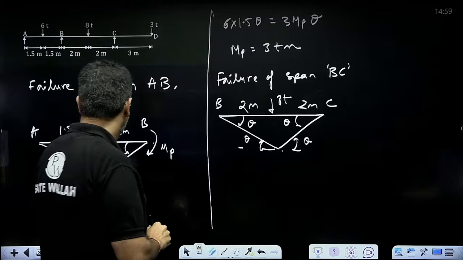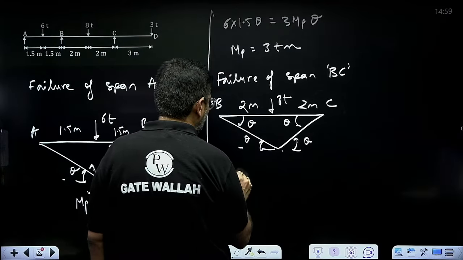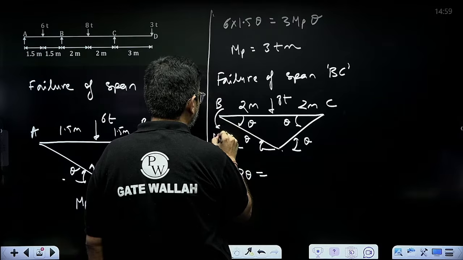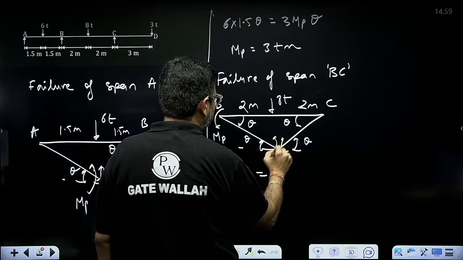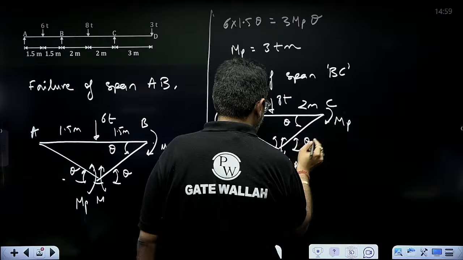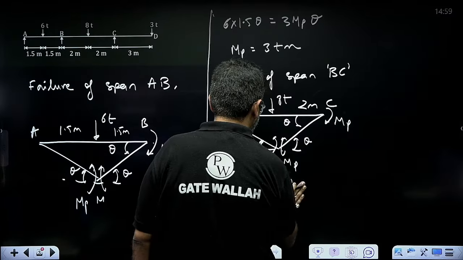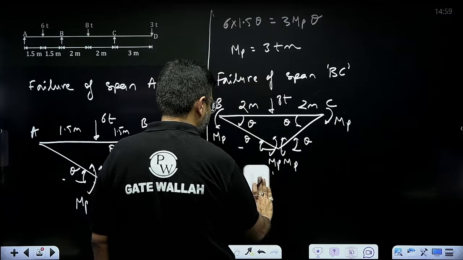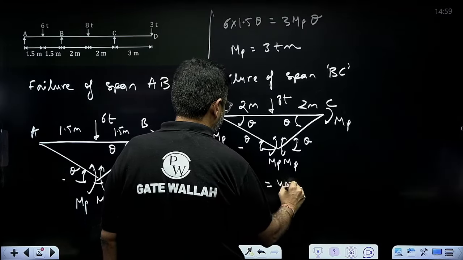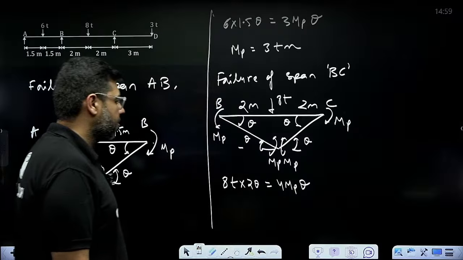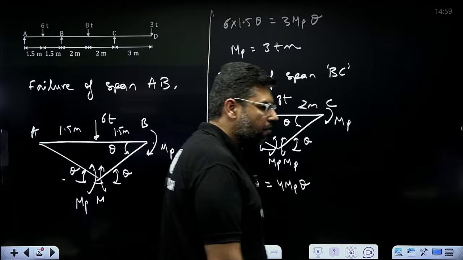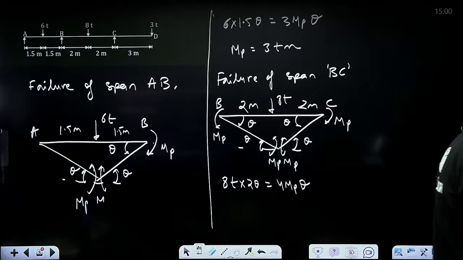Now, 8 into 2 theta is equal to MP, MP, MP, and here also MP, so it is 4 MP theta.